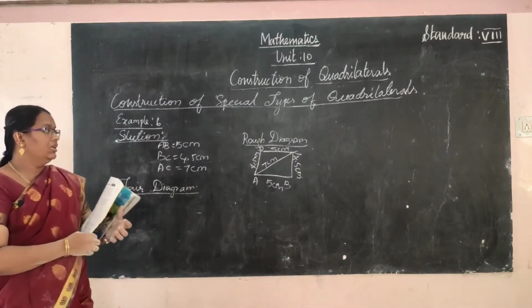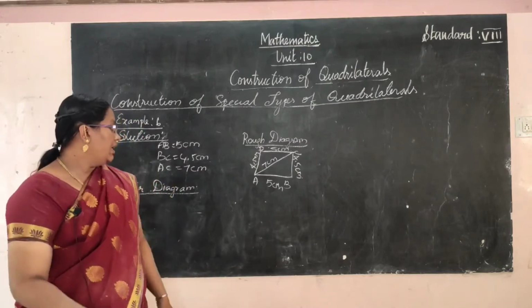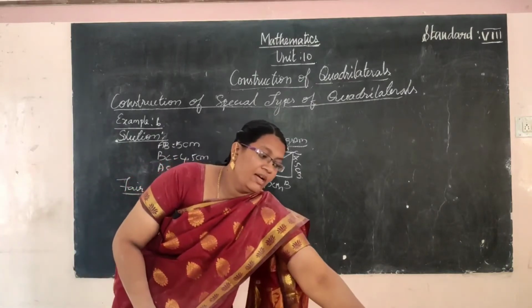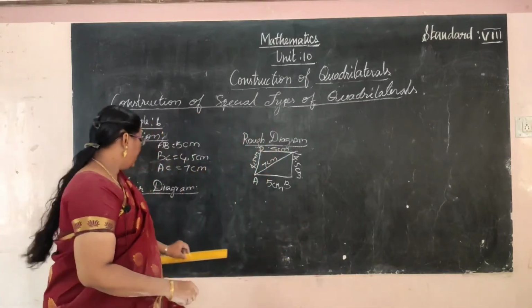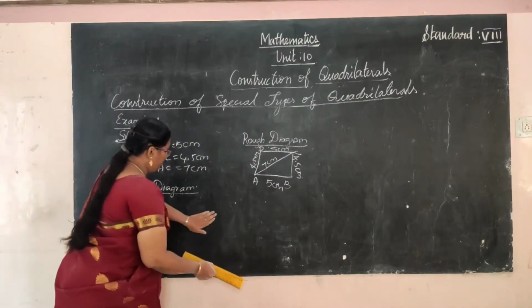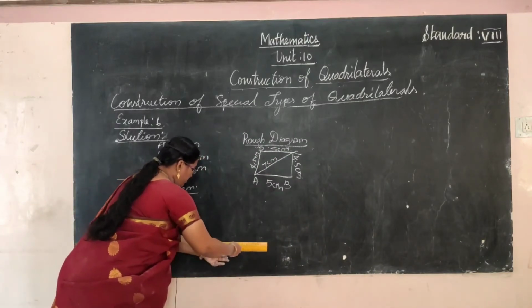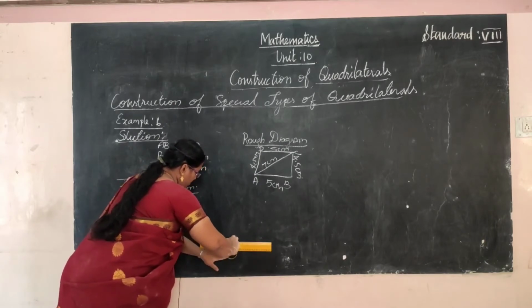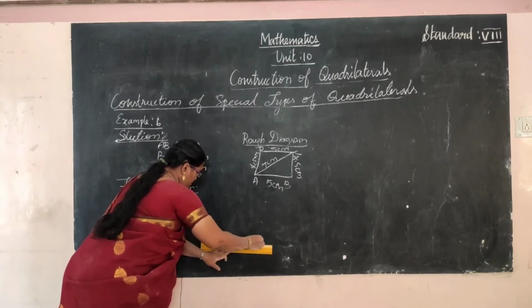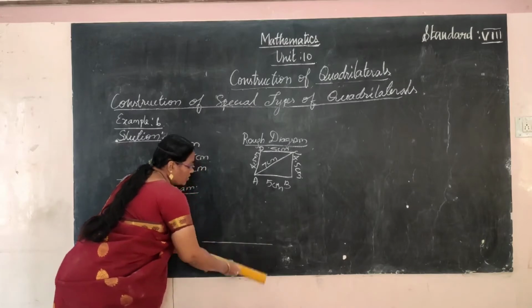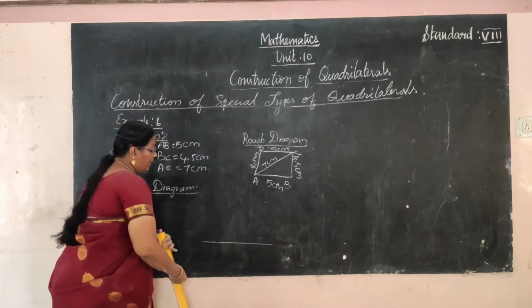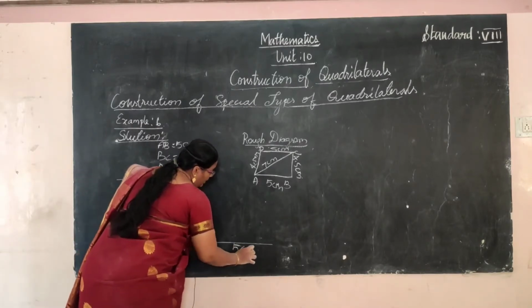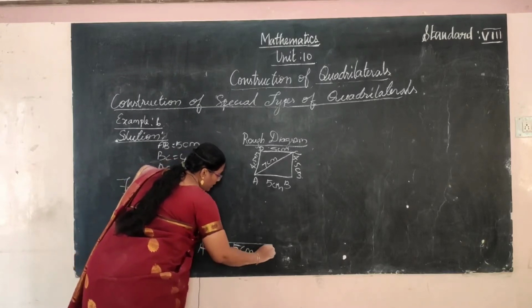First draw the line segment AB 5 centimeter by using the scale. So you have to take exactly 5 centimeter AB.